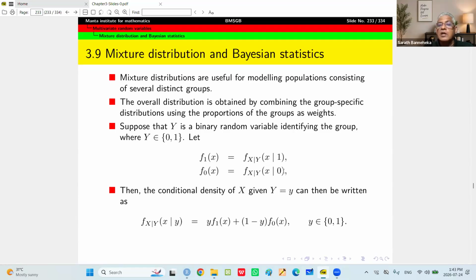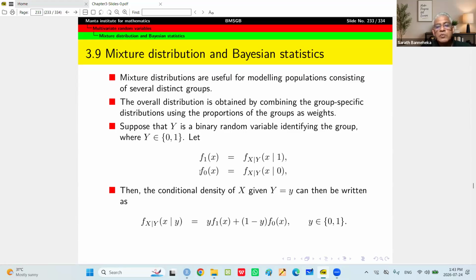And similarly, the conditional distribution of x when y is equal to 0, because we are substituting the value 0 for y, will be only a function of x. Let's denote that function by f0(x), just for convenience. Otherwise, we can write down this whole thing, but to make it convenient, we will use this notation.